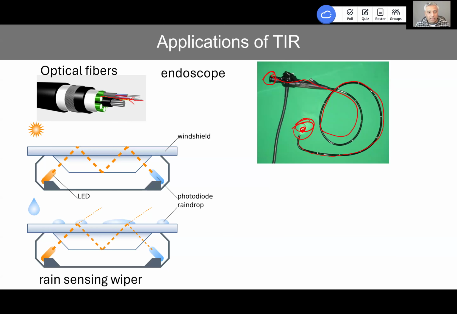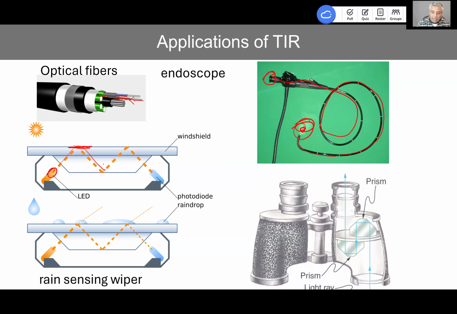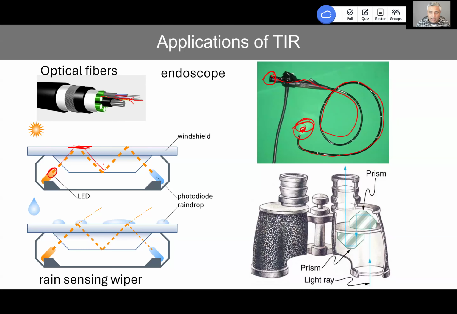Whenever there is a sprinkle on your windshield, it starts wiping on its own. So that is also an example of that. For that, there is a light over there, and there is this coating that makes it go total internal reflection. Okay, and prism is an optical device.